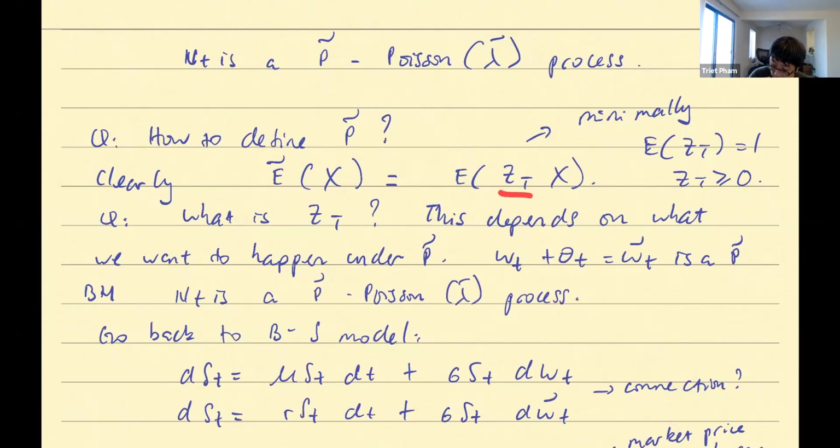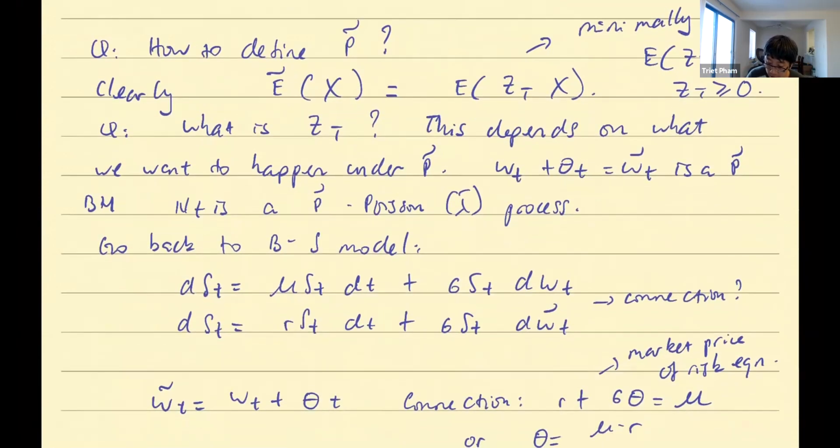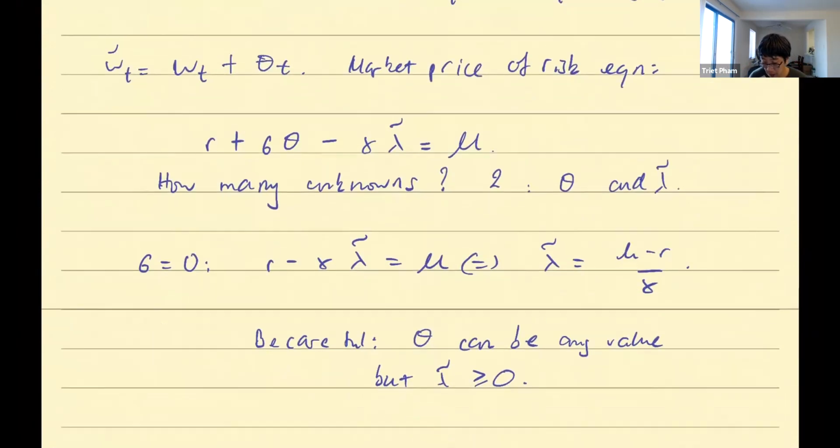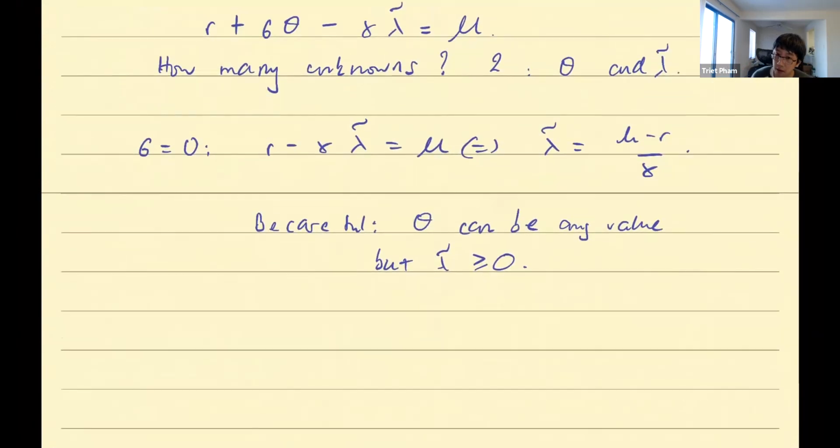So, going back to what Don was observing, these are the minimal conditions, but absolutely for my model to work, in order for my discounted stock price to be a martingale, I need those extra things to happen. So this goes back to the old question we ask.